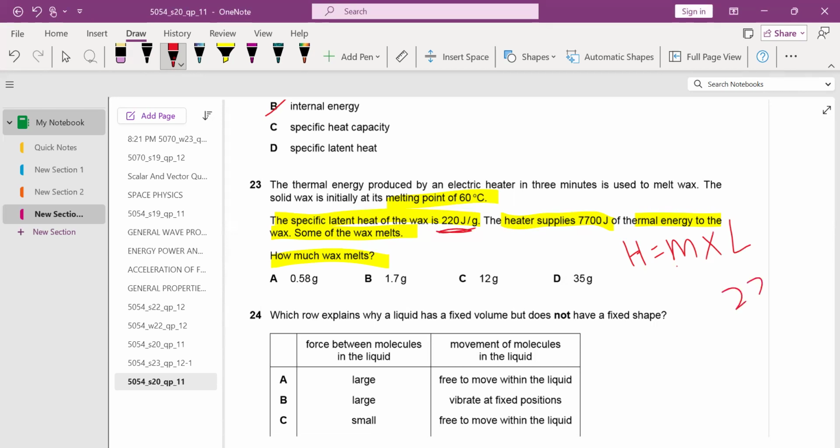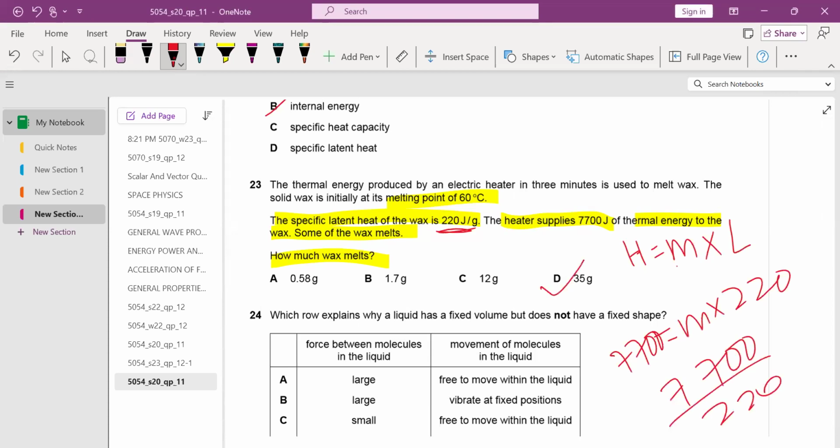So 220 is the specific latent heat, into mass. You have to find the mass, which equals heat, which is 7700, divided by 220. This gives you 35 grams.